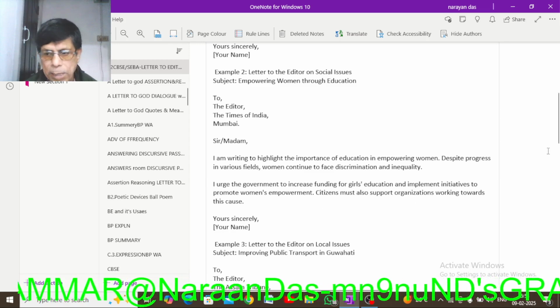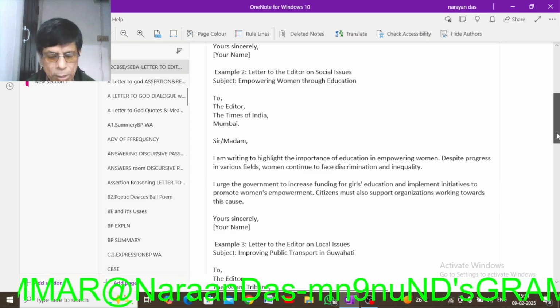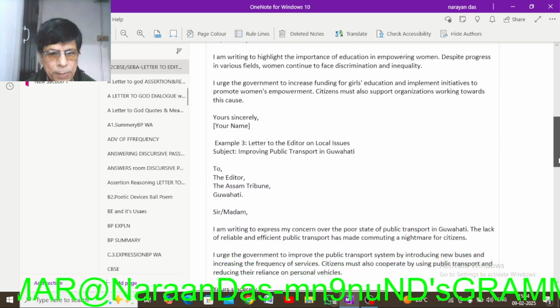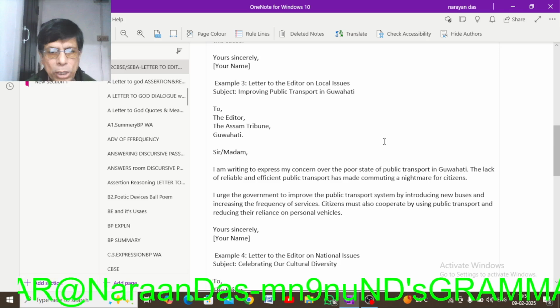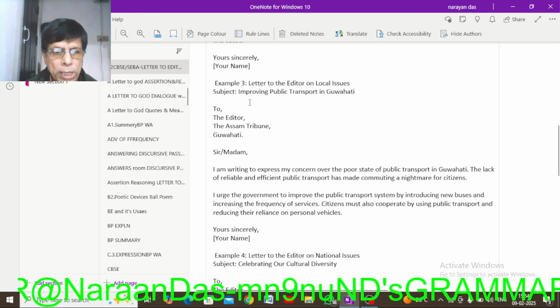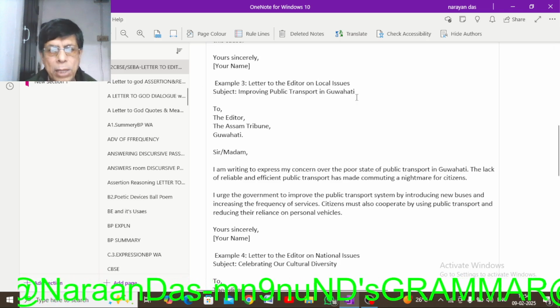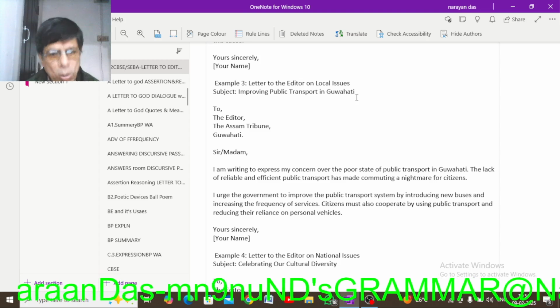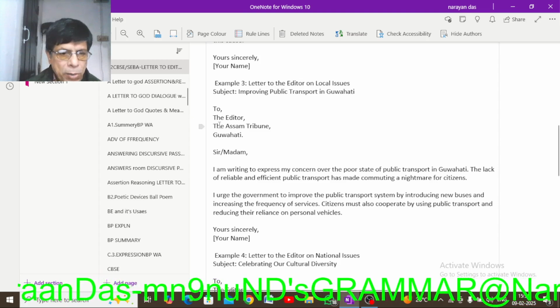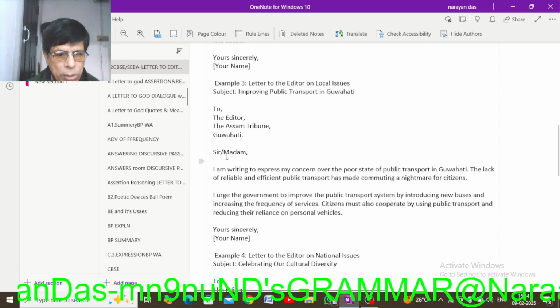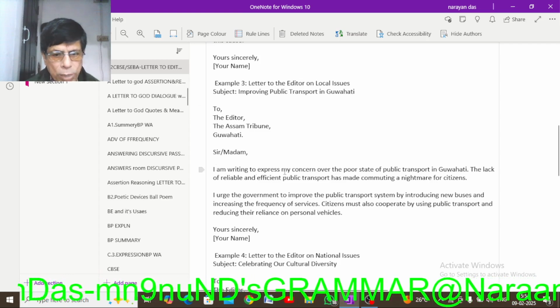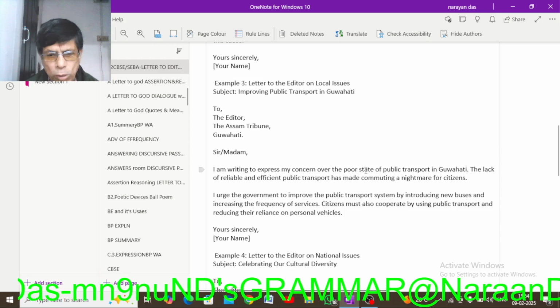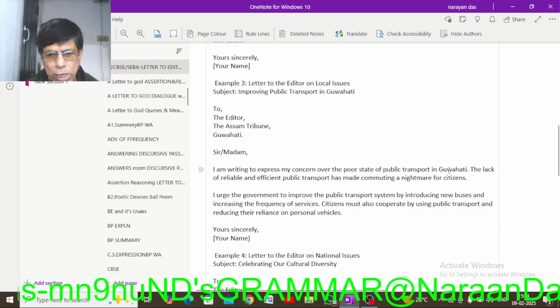Then sample number 3. Letter to the editor on local issues, subject: improving public transport in Guwahati. Here it is a public transport issue in Guwahati. The Editor, Assam Tribune, Guwahati, addressing Sir, Madam. I am writing to express my concern over the poor state of public transport in Guwahati.